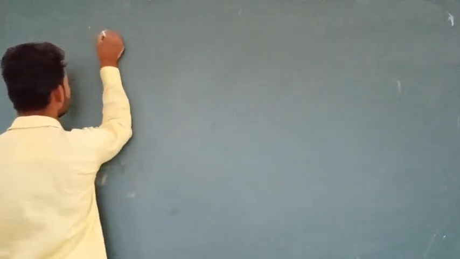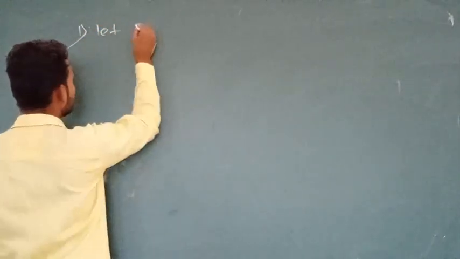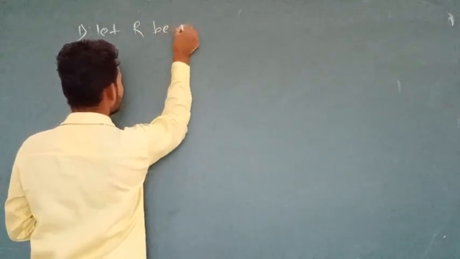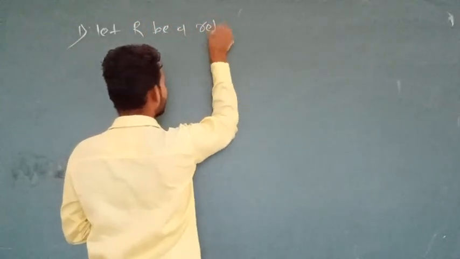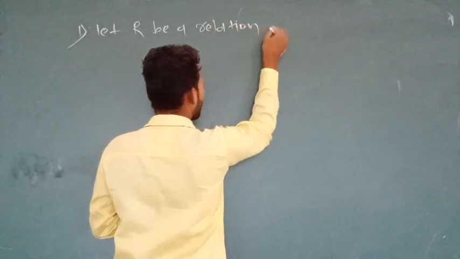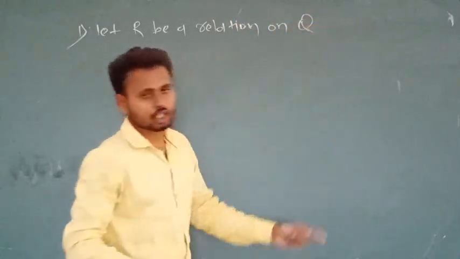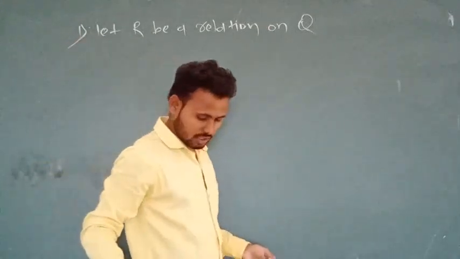For example, here first: let R be a relation on Q, where Q means what? Q is the set of rational numbers.